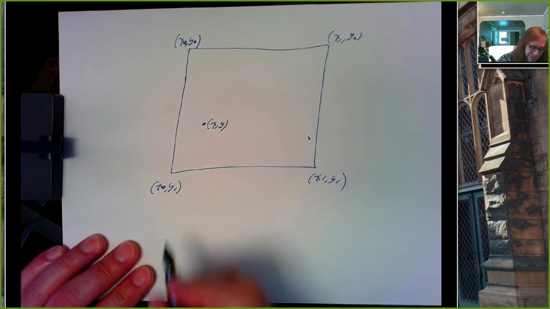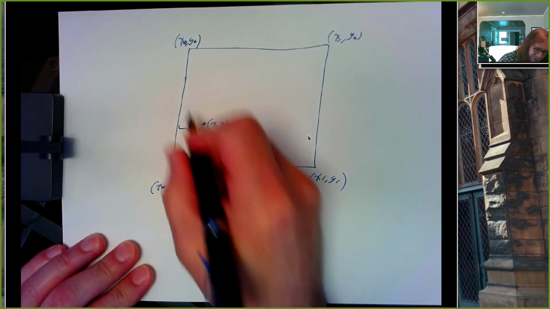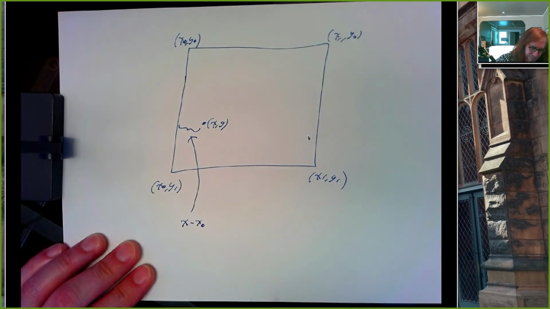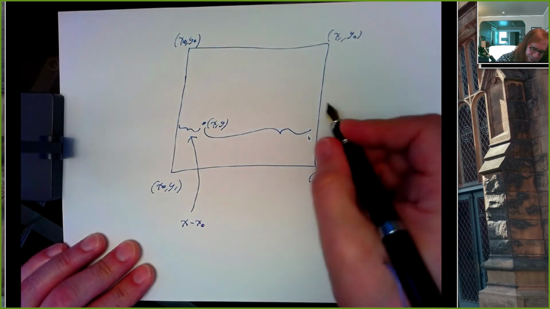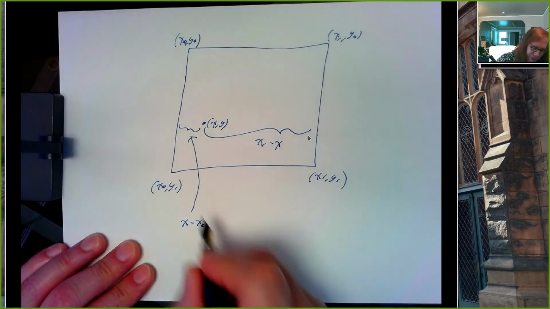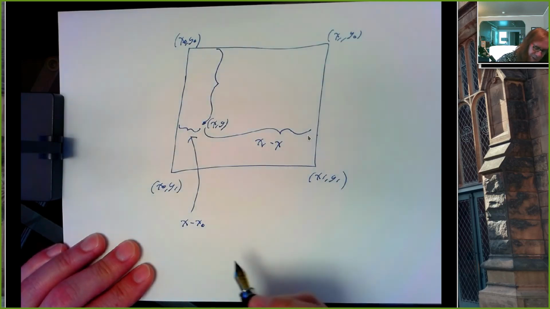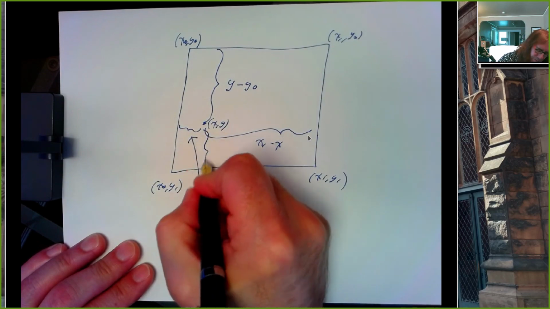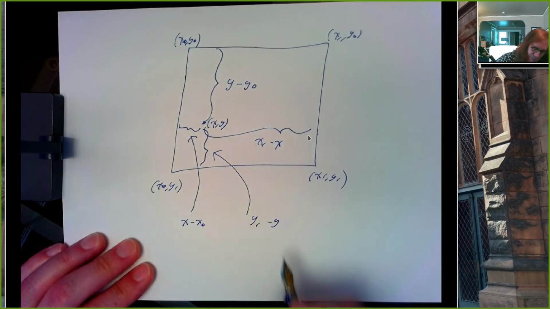So now calculate your distance from each edge. The distance to the left edge is going to be X minus X0. The distance to the right edge is going to be the X coordinate over here, X1 minus X. The distance to the top, well, Y is bigger, so this is going to be Y minus Y0. And the distance to the bottom is going to be Y1 minus Y.